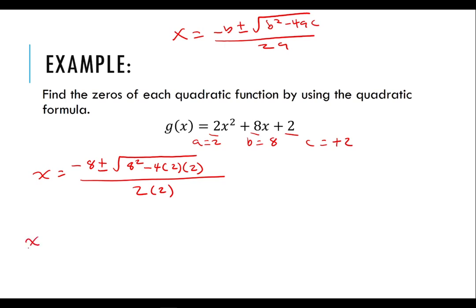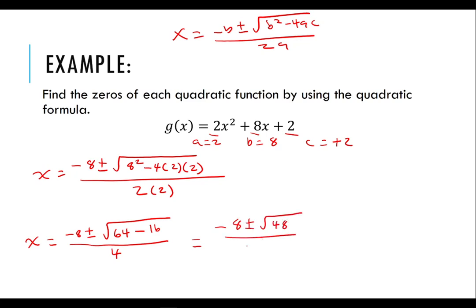So this is then going to be x is equal to negative 8 plus or minus the square root of 64 minus 16, divided by 4. 64 minus 16 is going to be 48, so that is negative 8 plus or minus square root of 48, all divided by 4. Square root of 48 does simplify as 2 times 24, 2 times 12, 2 times 6, 2 times 3.